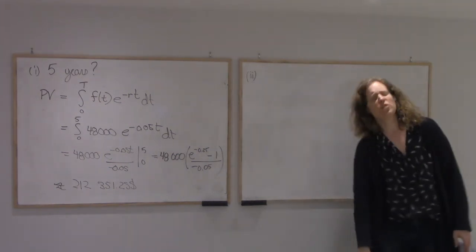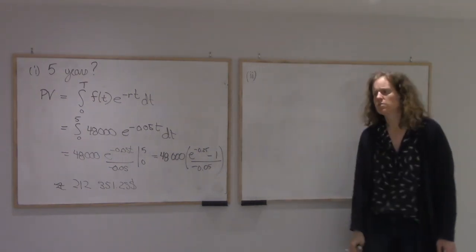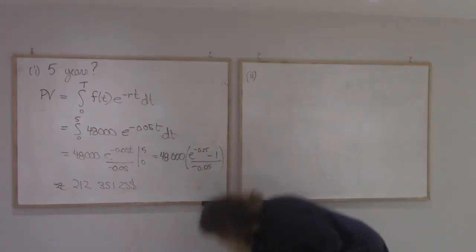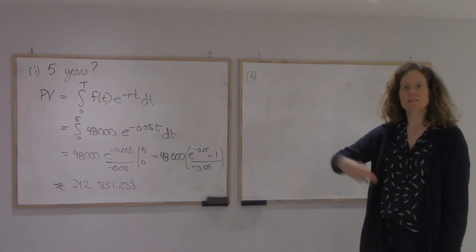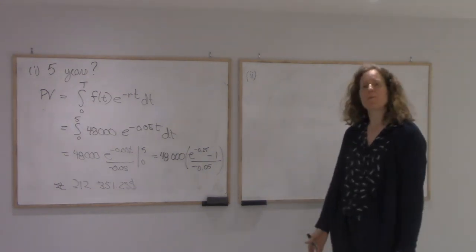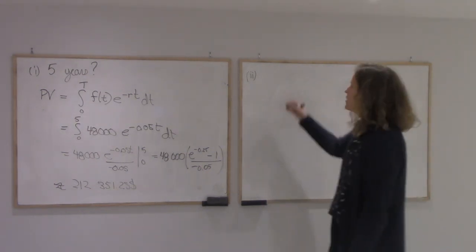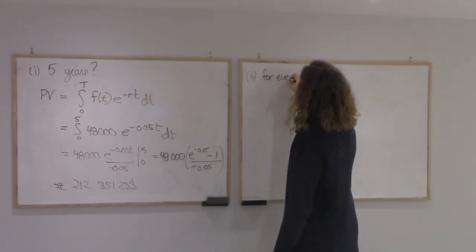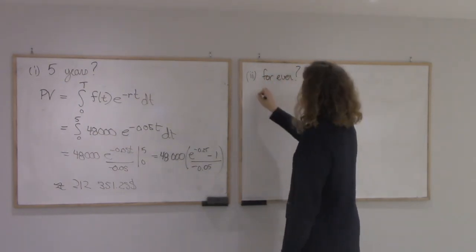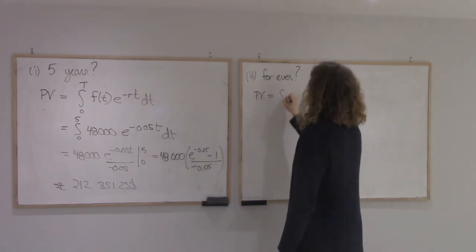All right, but why would it stop in 5 years? Unless he has temporary ownership, he's actually renting it and subletting it. This should probably go on until he sells it. So what if it goes on forever? Then I'll write the same integral.